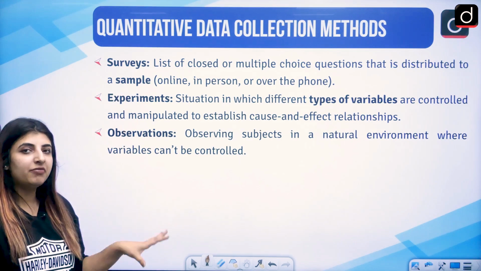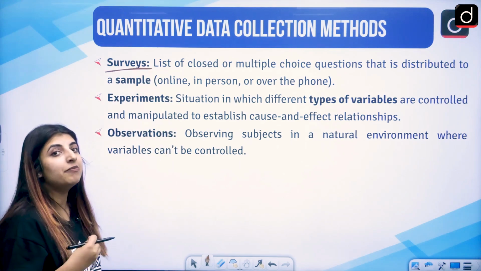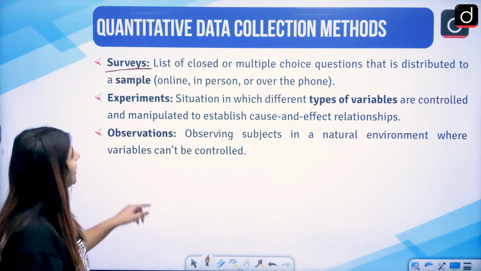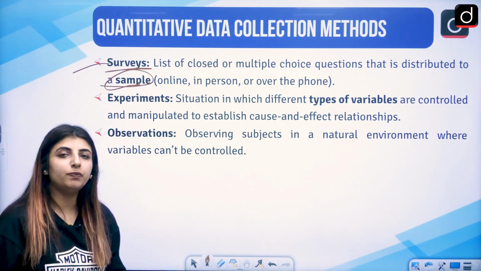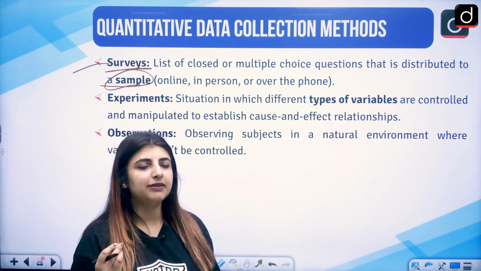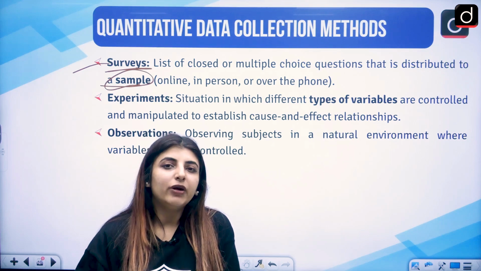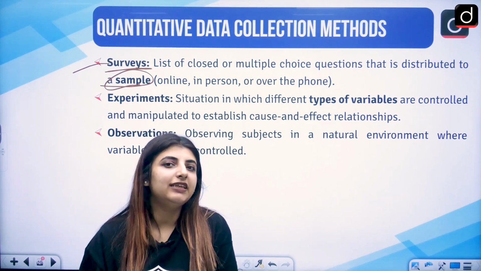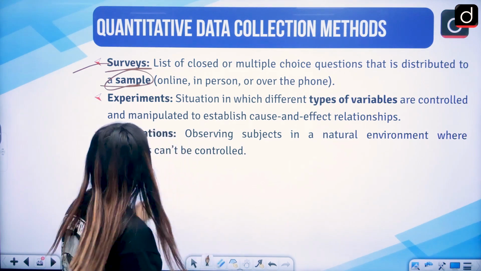Quantitative data collection methods include surveys, like a list of closed or multiple choice questions that are distributed to a sample. So of course, you can send surveys to people. Some of you must have participated in one or two surveys which your friend must have created, right? So in surveys, you are going to answer the questions which are provided to you, correct?